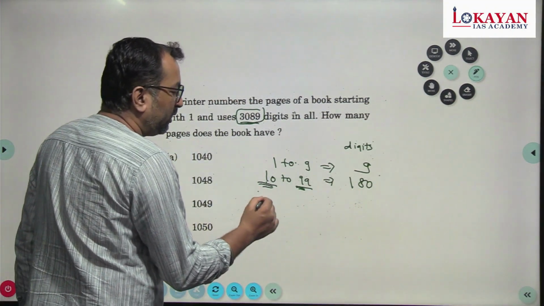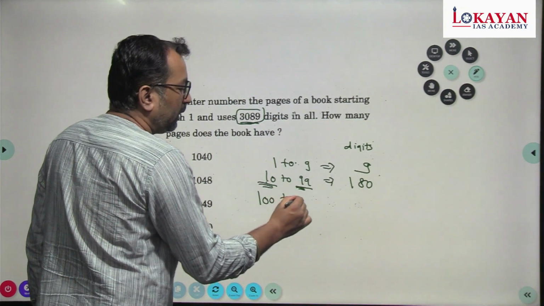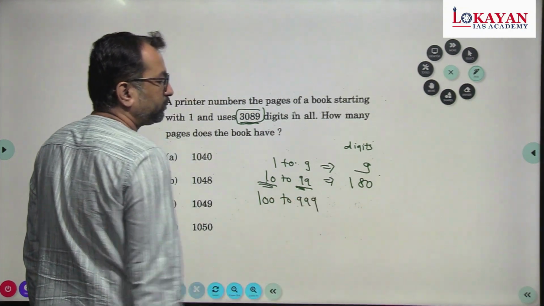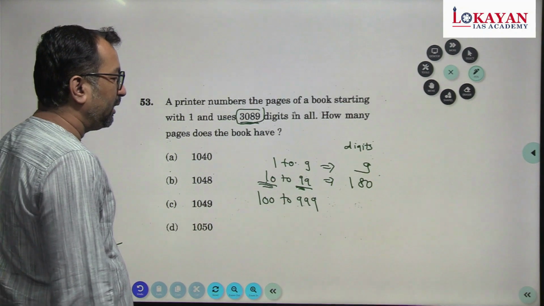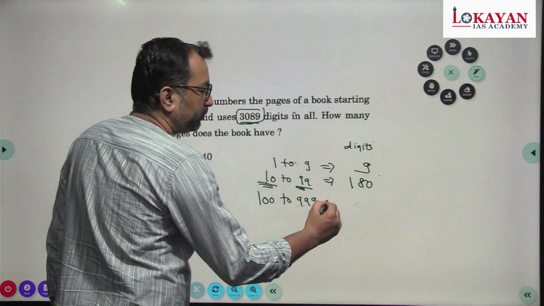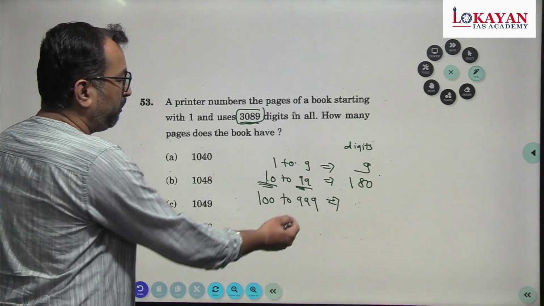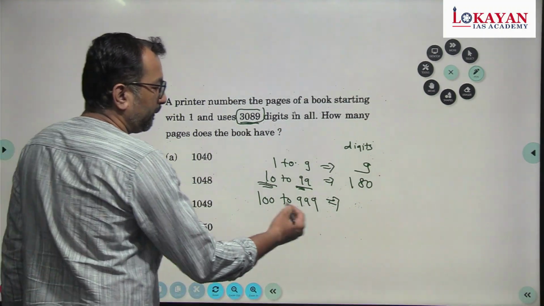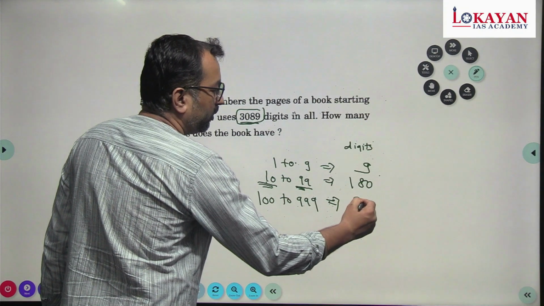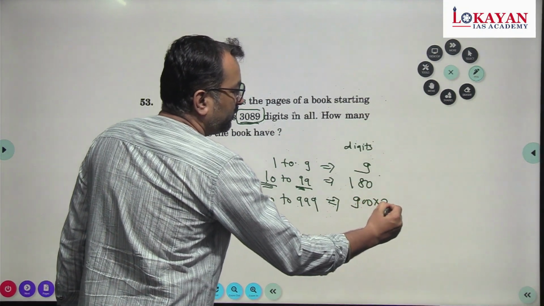Now let's look at 3-digit numbers. 100 to 999. So how many numbers will be there? 900 numbers, and all are 3-digit numbers.